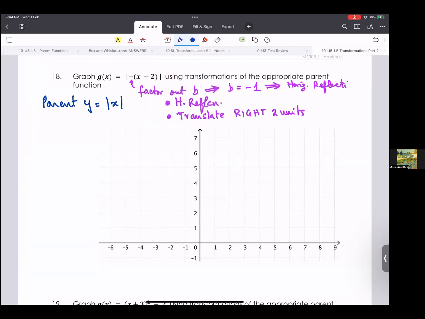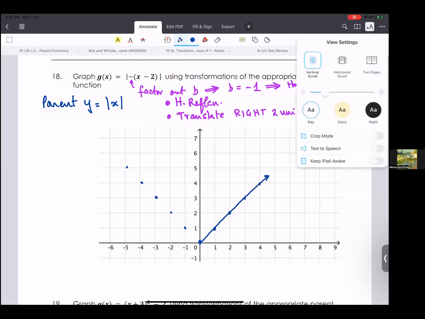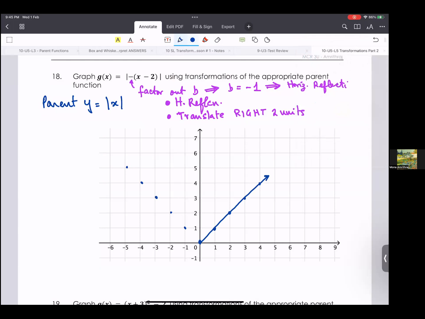So this is the parent graph, absolute value function: 0, 0, 1, 1, 2, 2, 3, 3, 4, 4, and so on and so forth. Because the absolute value is nothing but only the positive value.